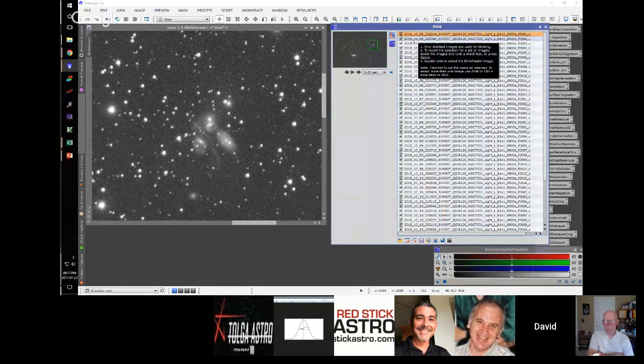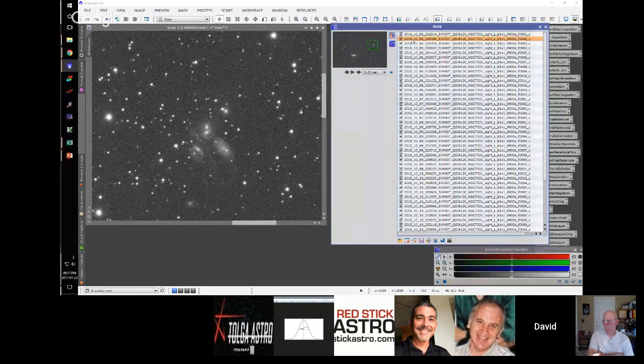Do I want to focus on how deep I'm going in the field, or do I want to focus on resolution? In this case, I have a fair amount of data. I can't remember how many frames this was, 108 or something like that. 15-minute frames taken over multiple nights from a dark site, right?